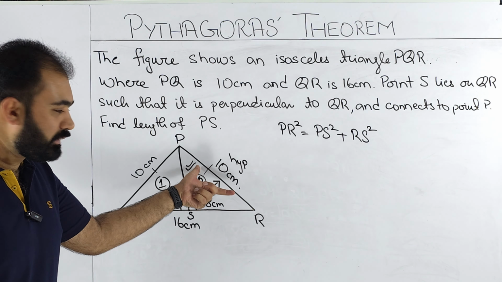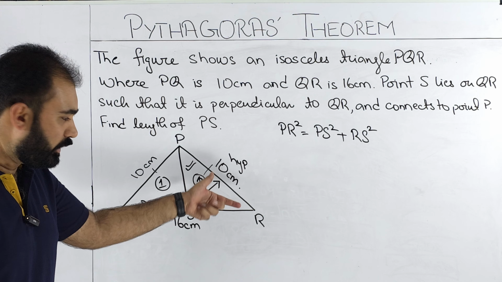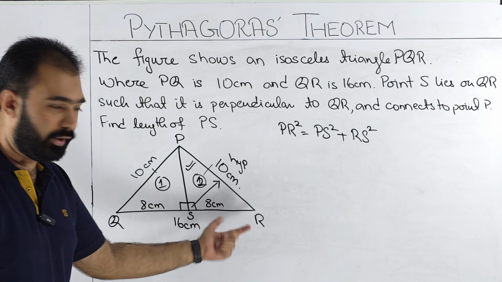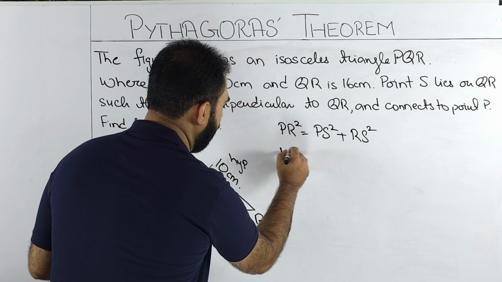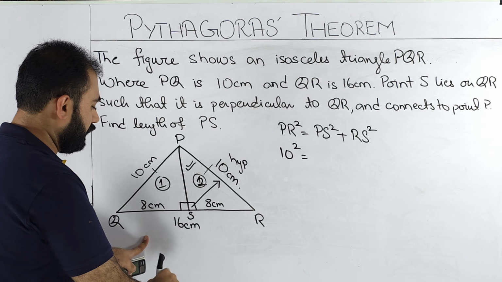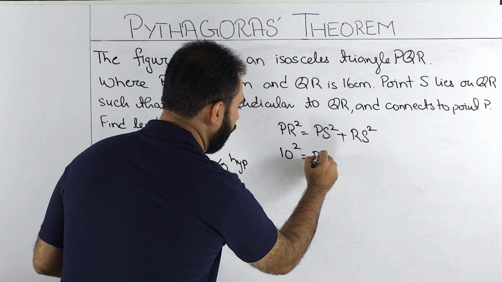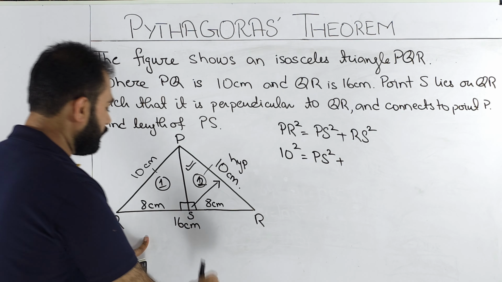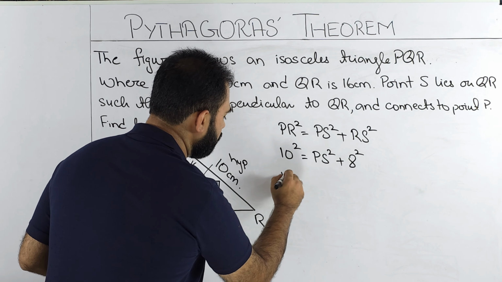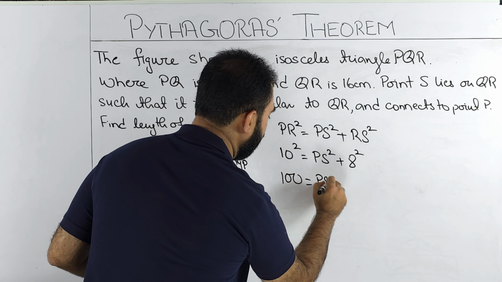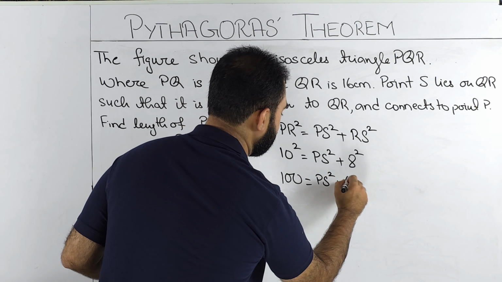Right? This is the hypotenuse, so this squared is equals to this squared plus this squared. We have to find out the value of PS. Now PR is 10 square is equals to PS square plus RS, this is 8 square. 10 square is 100, PS square plus 8 square is 64.